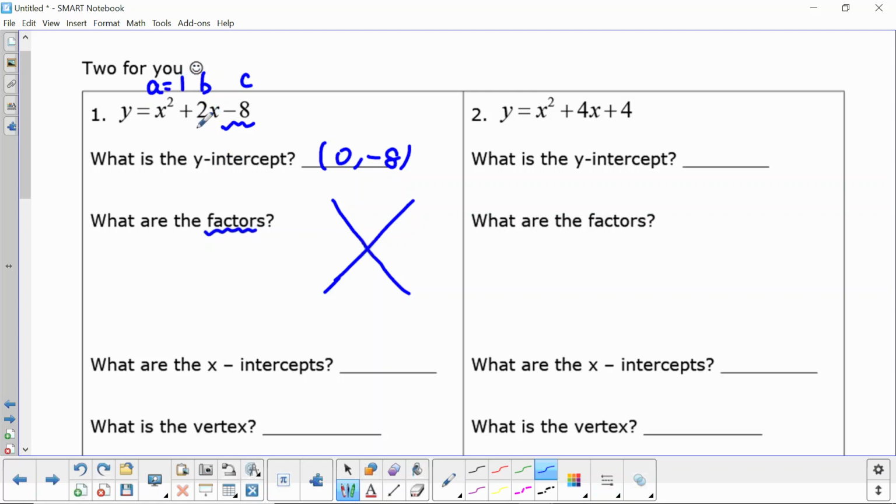B is the number in front of x, which is 2. C is the last term, with no variable, which is -8. So the product, A times C, is 1 times -8, which is -8. The sum is the B value, which is 2.